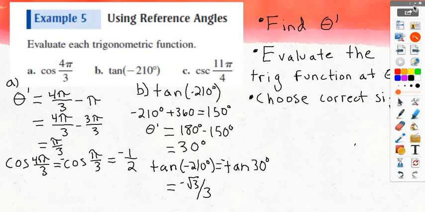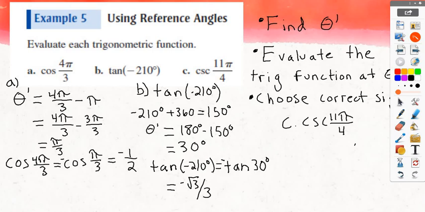So then lastly, we need to look at part C. So we have cosecant of 11 pi over 4, and hopefully we can already think about what our reference angle might be, but let's go ahead and check ourselves. Notice that 11 pi over 4 is bigger than 2 pi, which means that it's going to be larger than 1 full rotation.